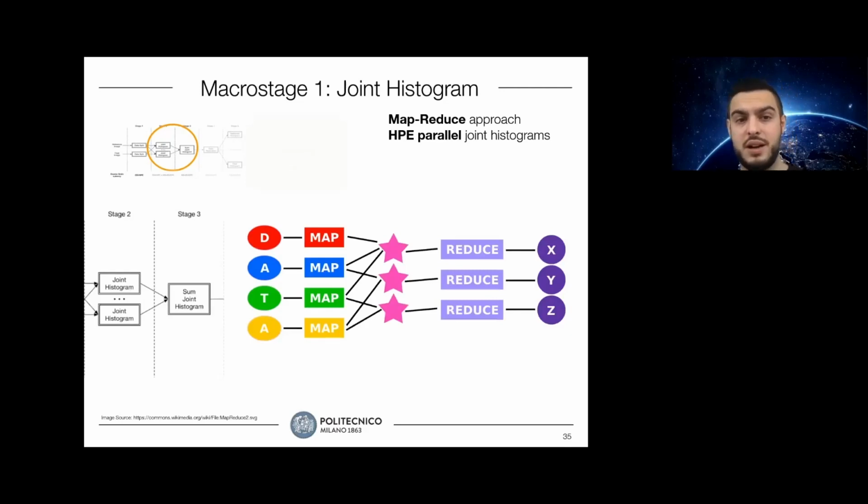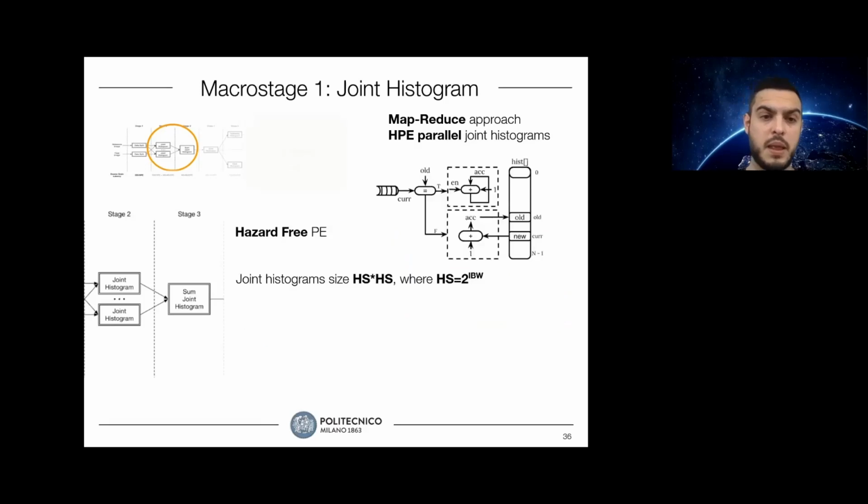We adopt here a MapReduce approach, where we map the joint histogram computation on a number of HPE parallel processing elements. We optimize each of these processing elements to be hazard-free, and the cost of our map requires us to store a joint histogram of size HS times HS that depends on the pixels bandwidth of the input images.